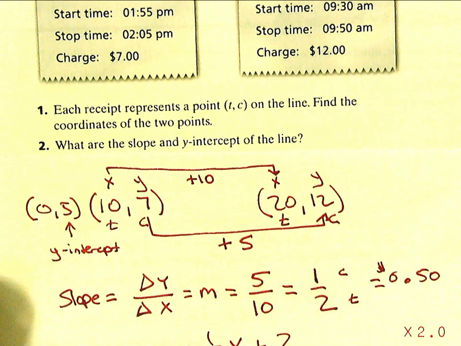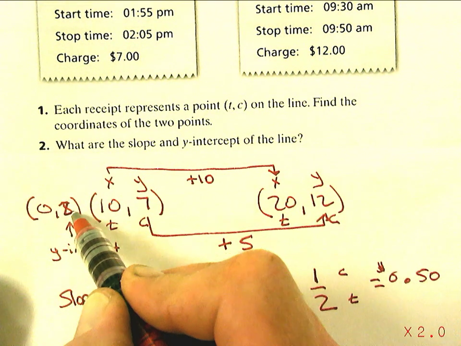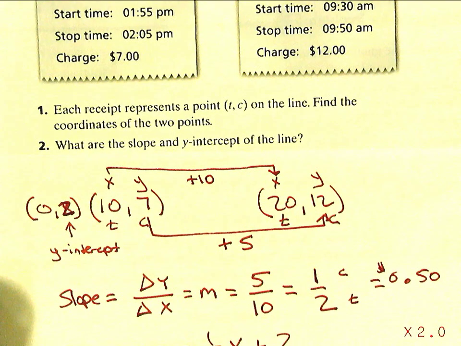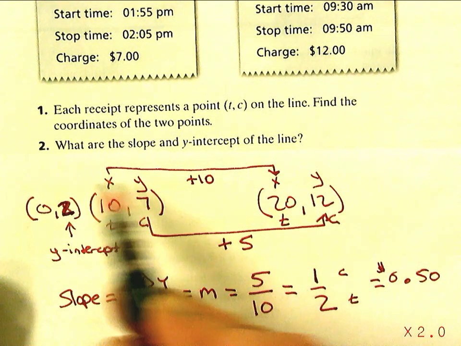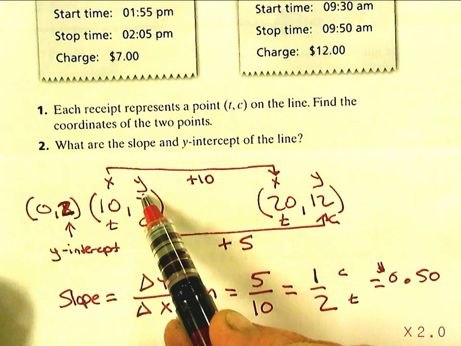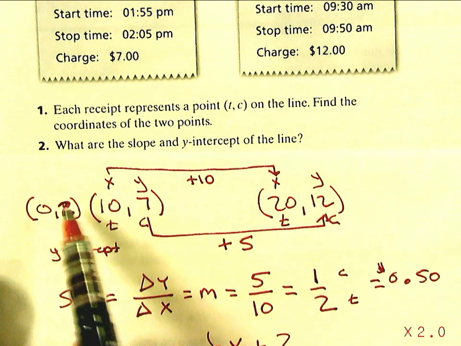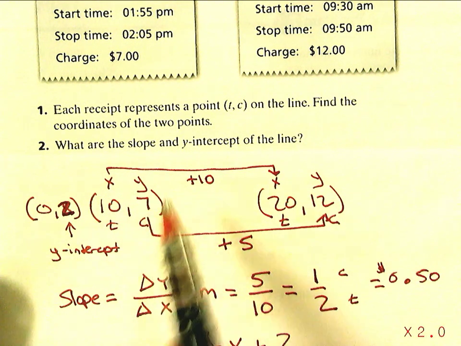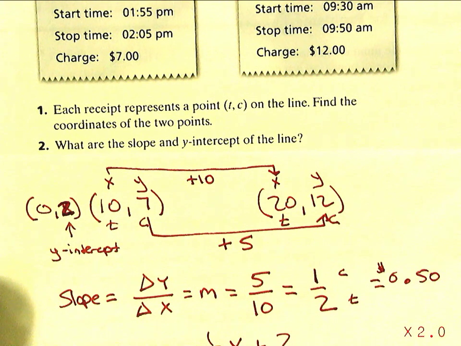From 12 to 7 is down 5, from 7 to 2 is down 5. That's the y-intercept.